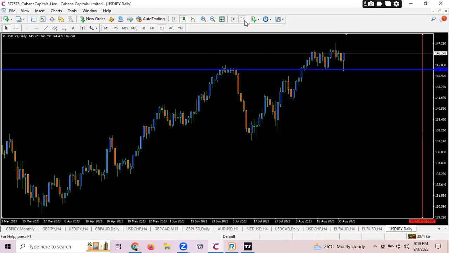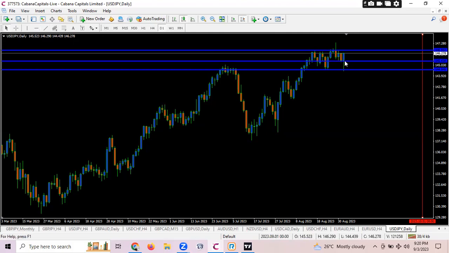Let's go down to daily. On daily, we need to identify our support and resistance. These are resistance on daily. We had a support here on daily. This is a support on daily. This is a support on daily.